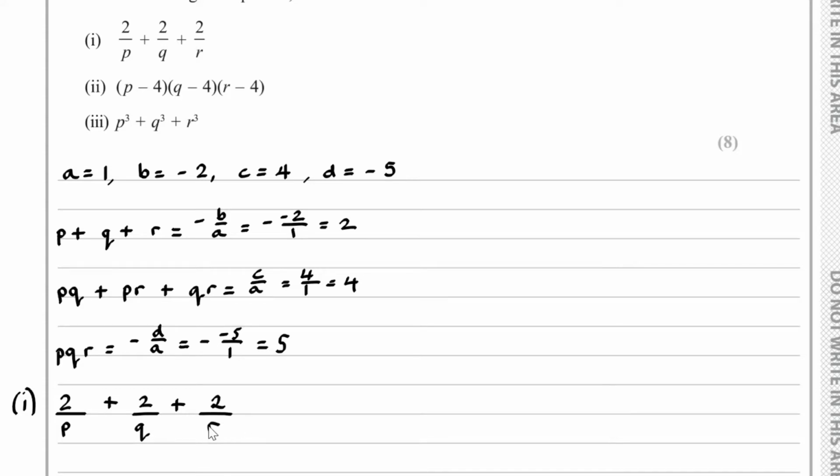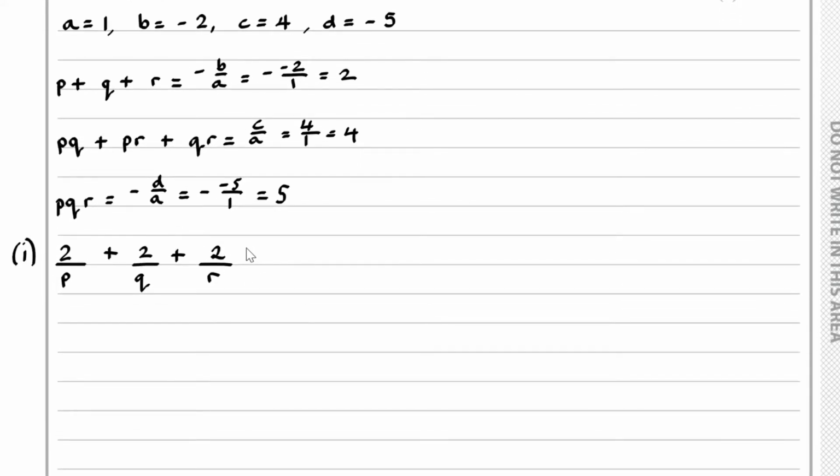And what you'd find is all this is equivalent to 2 lots of (pq plus pr plus qr) over pqr.